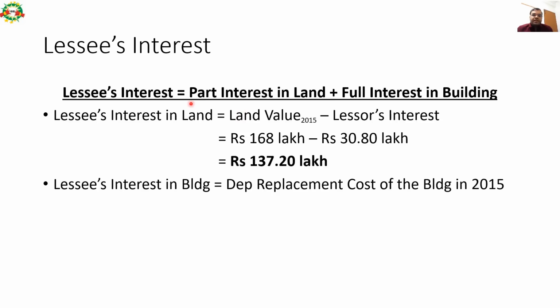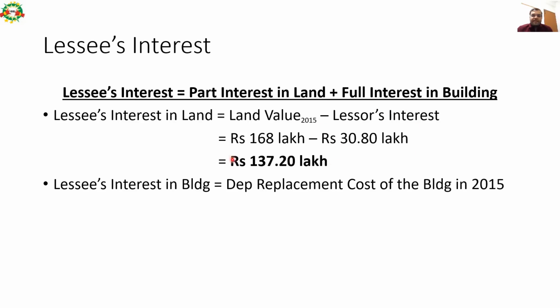Lessee's interest: it is a part interest in the land because some portion of the land will go to the lessor, and full interest in the building. So lessee's interest in the land is equal to total land value in 2015 minus lessor's interest. In the previous slide we calculated 168 lakh rupees as total land value, minus lessor's interest.